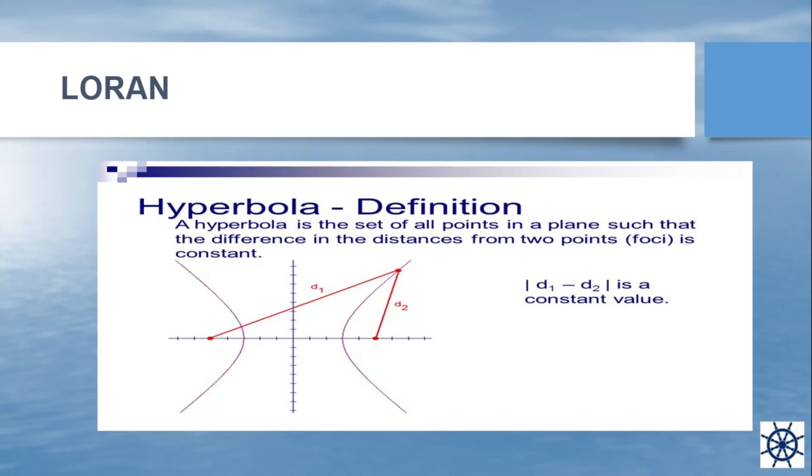When you are using this equipment, it will give you information and distance, and you can plot your position through the given frequency wave. Okay, so this is the Loran.